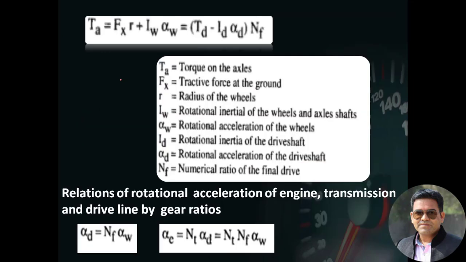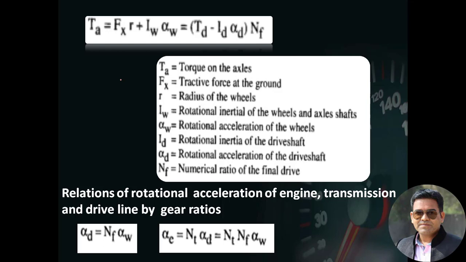Once we have the drive shaft, that means the torque produced by the engine is transmitted up to the final gear, and after the drive shaft, or propeller shaft, finally we need to calculate the torque transmitted up to the drive axle.